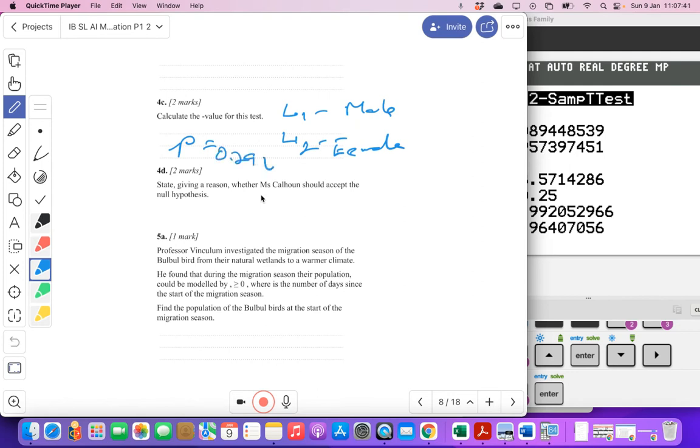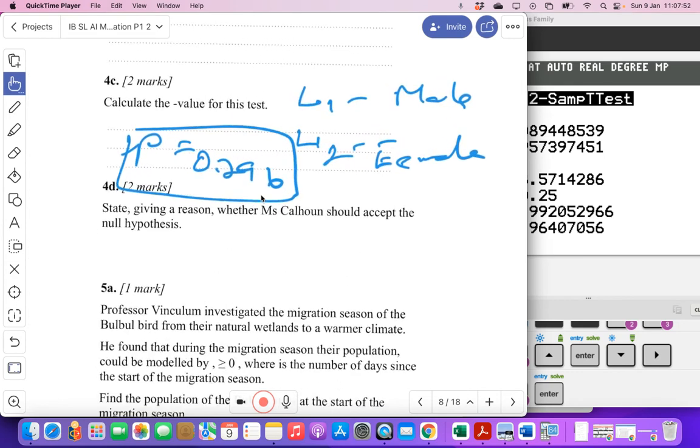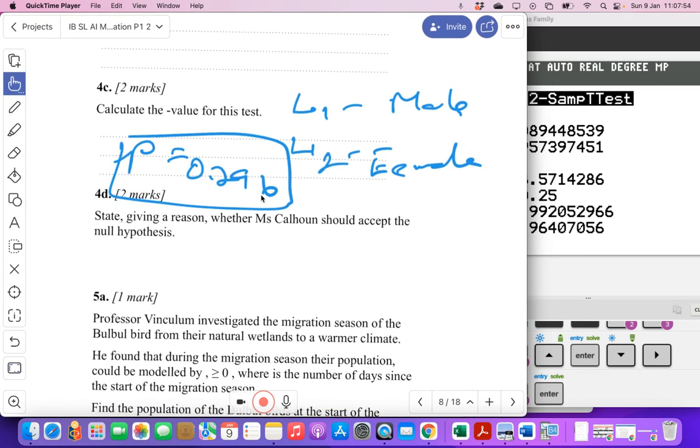And then state whether she should accept the null hypothesis or fail to basically reject the null hypothesis is what the text that's used on the mark scheme. So if we have a high p-value, that usually means accept the null hypothesis.